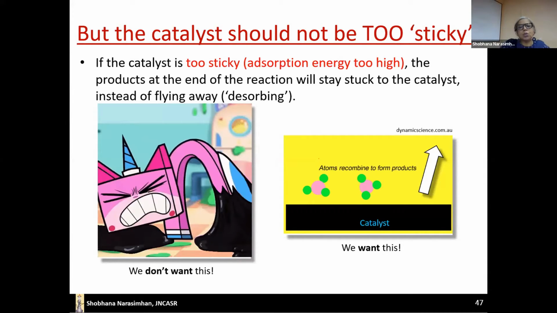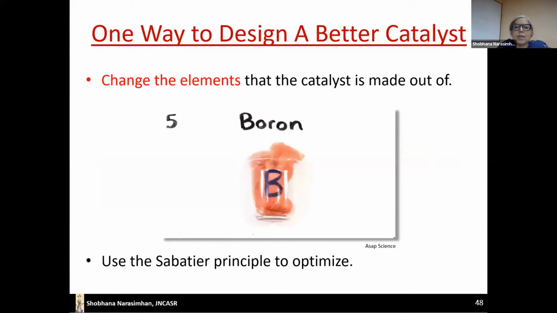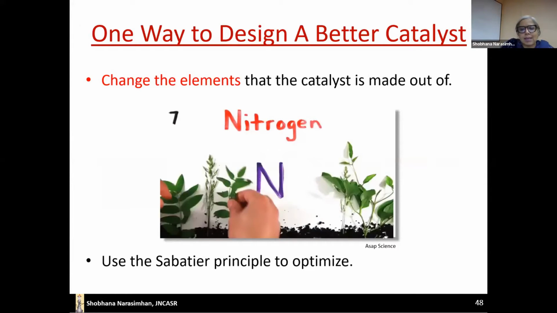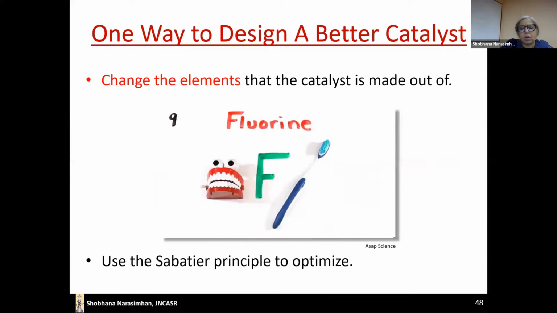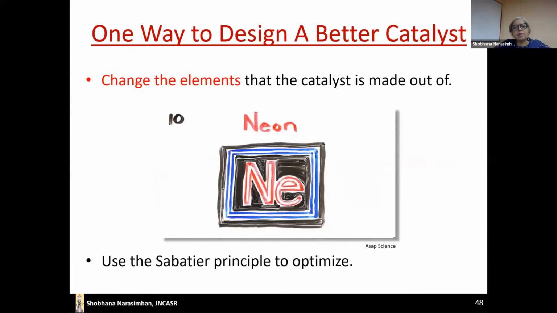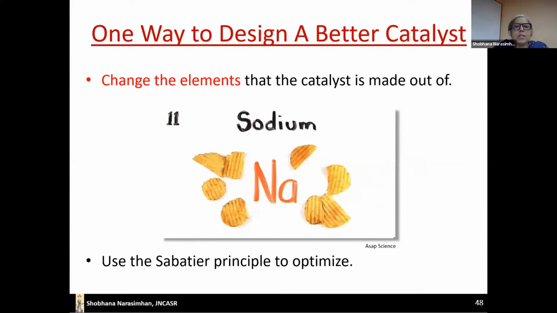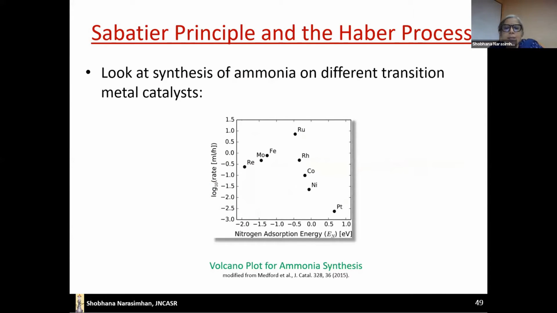So how can you tune the stickiness? One way to do it is to change the elements that the catalyst is made out of, and you can use the Sabatier principle to optimize this. That is shown in this graph. Look at the synthesis of ammonia again on different transition metal catalysts.